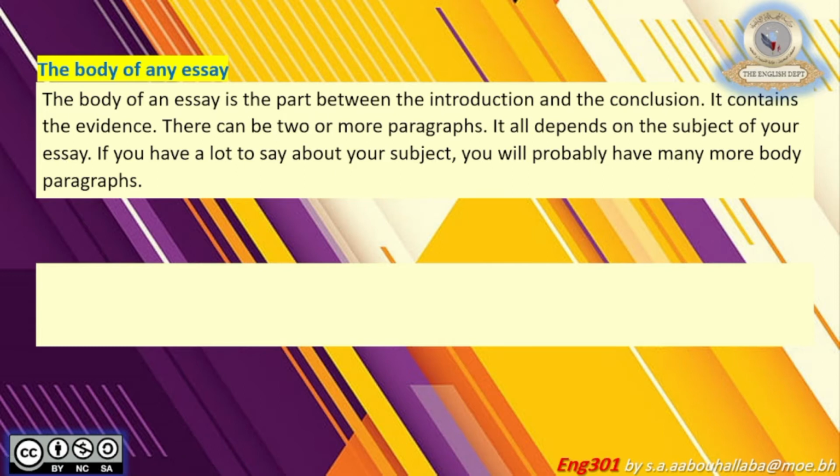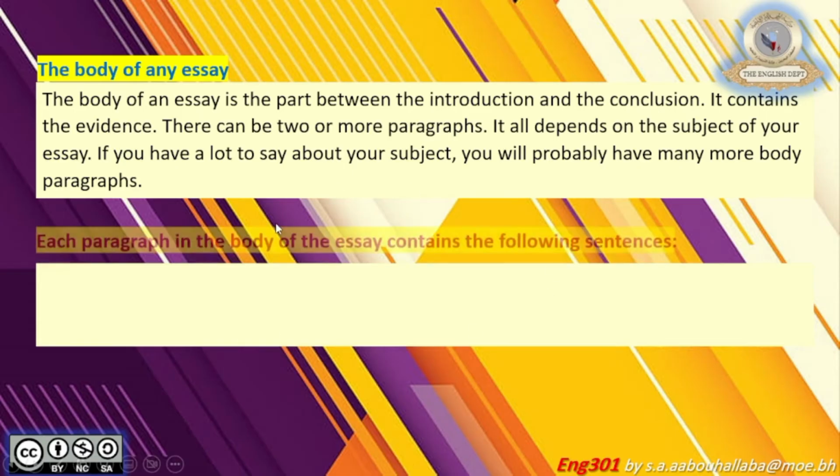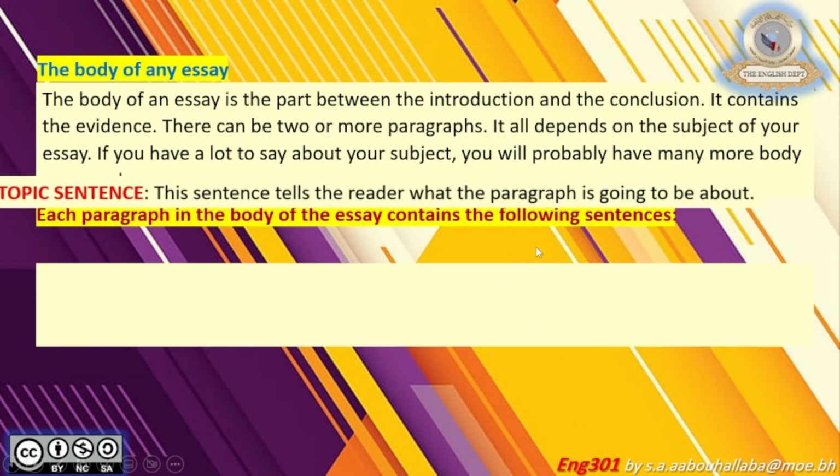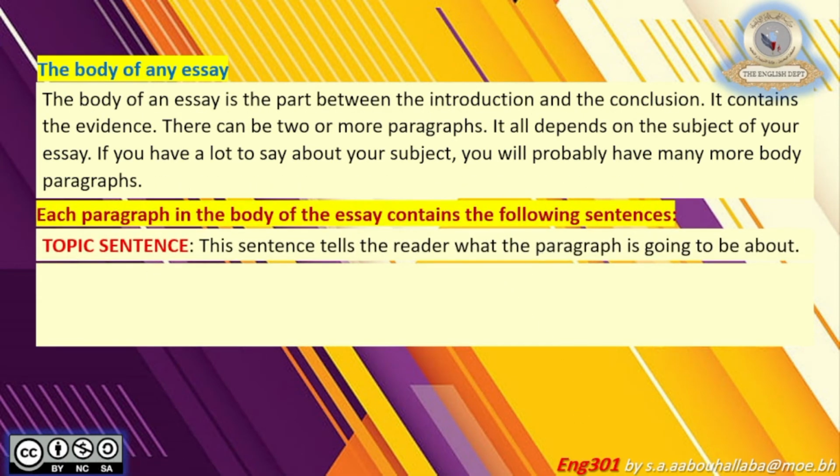If you have a lot to say about the subject, you will probably have many more body paragraphs. Each paragraph in the body of the essay contains the following sentences. A topic sentence, and this is the sentence that tells the reader what the paragraph is going to be about.